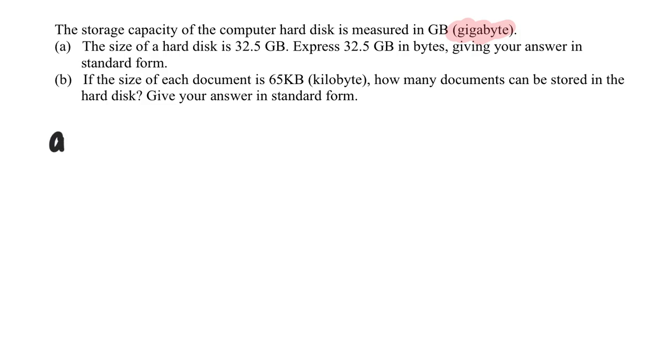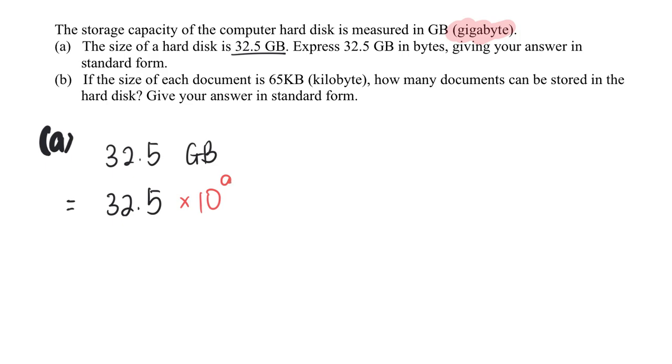So for part A, you will then see the size. They give us this. So it is simply 32.5 gigabyte, 32.5 times 10 power 9. Giga is 10 power 9.